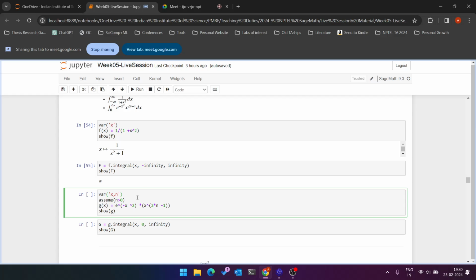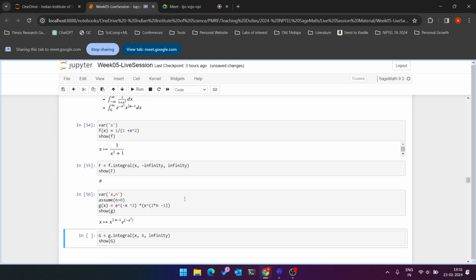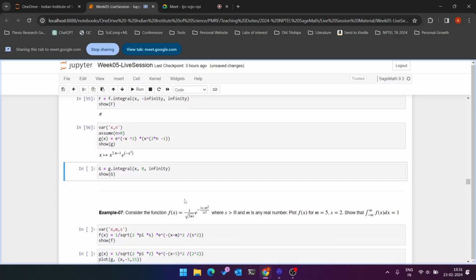You can see that as x increases, e raised to minus x square will quickly drop to 0, while x raised to 2n plus 1 will keep on increasing. So somewhere after a point, your function will become a small value. If I again do the same thing, define g of x as e raised to minus x square into x to 2n minus 1.